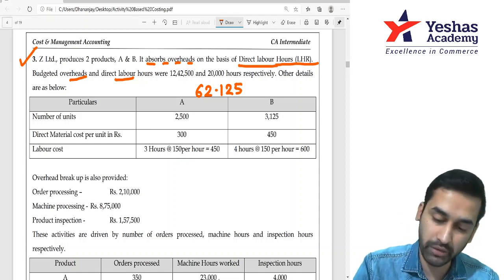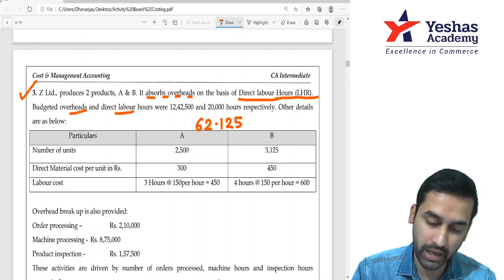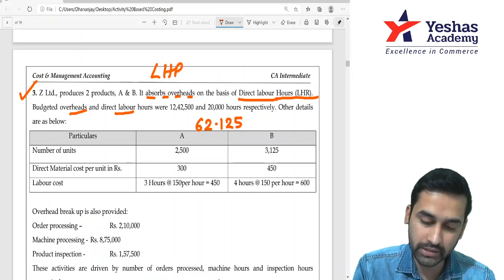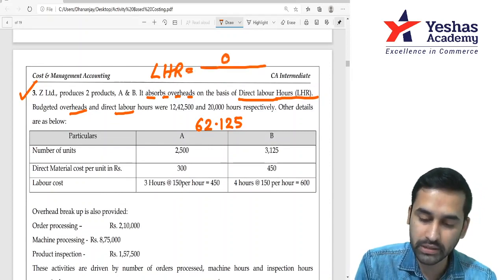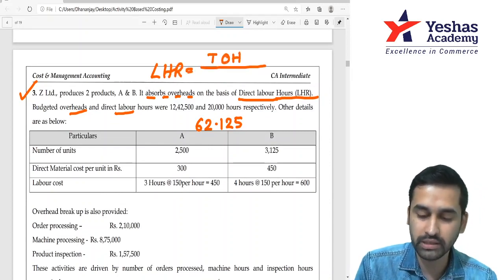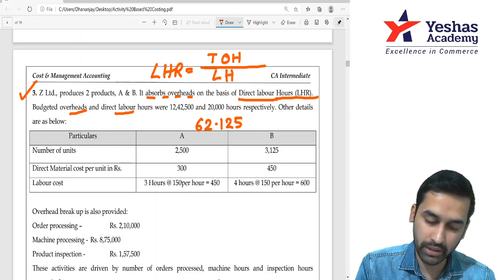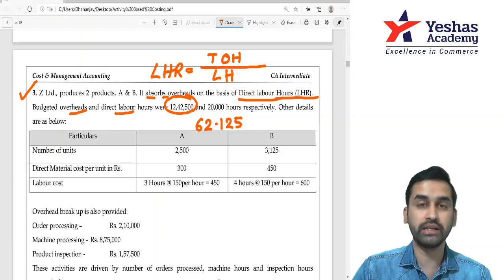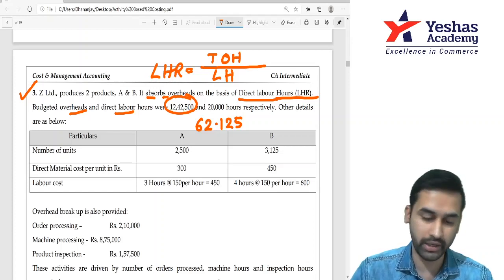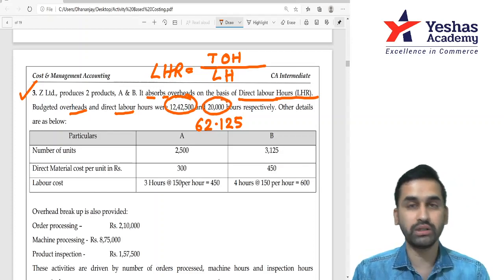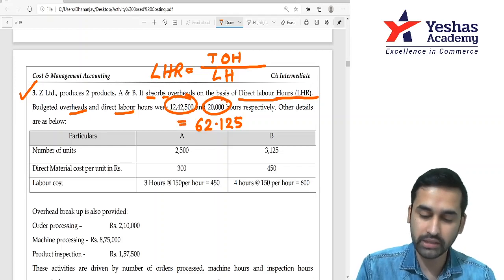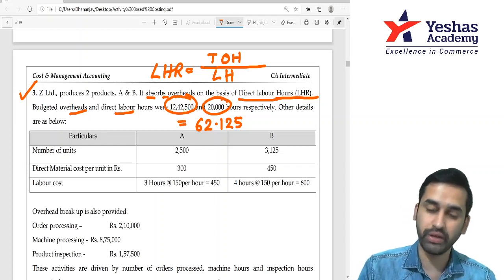Now what is the formula for LHR? Labor hour rate. LHR is nothing but total overheads divided by labor hours. Here total overheads budgeted is given, 1,242,500 divided by 20,000 hours, that will be 62.125. Correct?